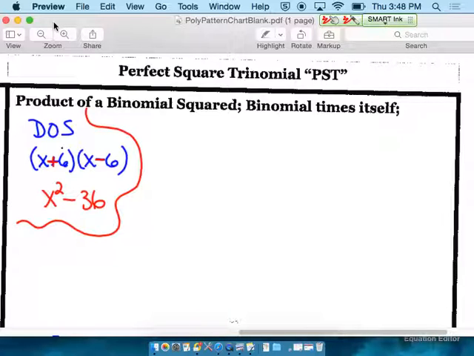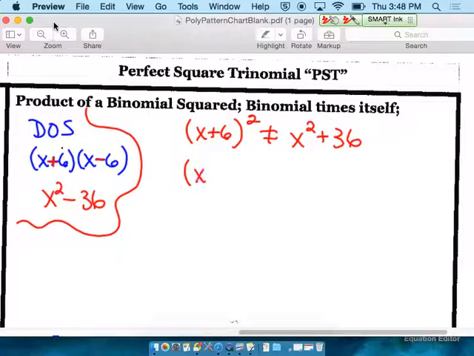The difference is now I'm going to have the same binomial times itself. And the notation could look like this. This does not equal x squared plus 36. What this is telling me to do is take x plus 6 and multiply it times itself.